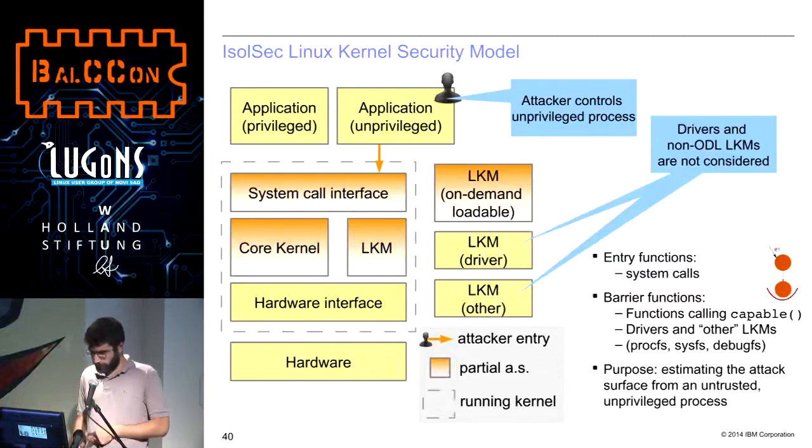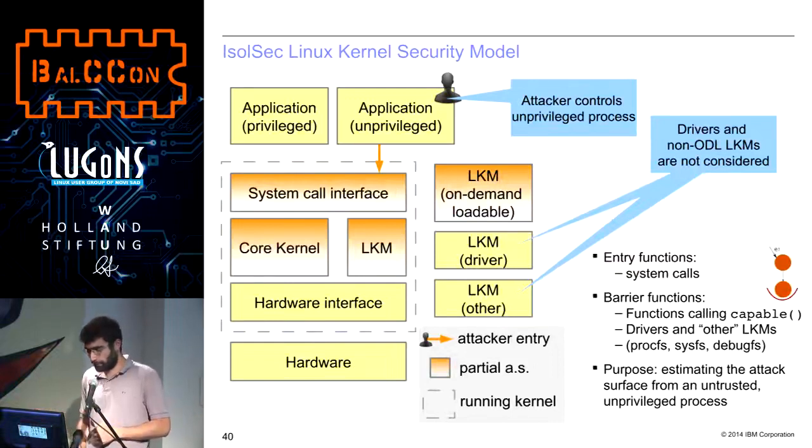So in this security model, we assume that the attacker controls an unprivileged application. That's typically the case if you're thinking of something like a browser escape. Somebody that tries to escape a sandboxed browser application. They will try to find a vulnerability within the kernel to escape the sandbox.